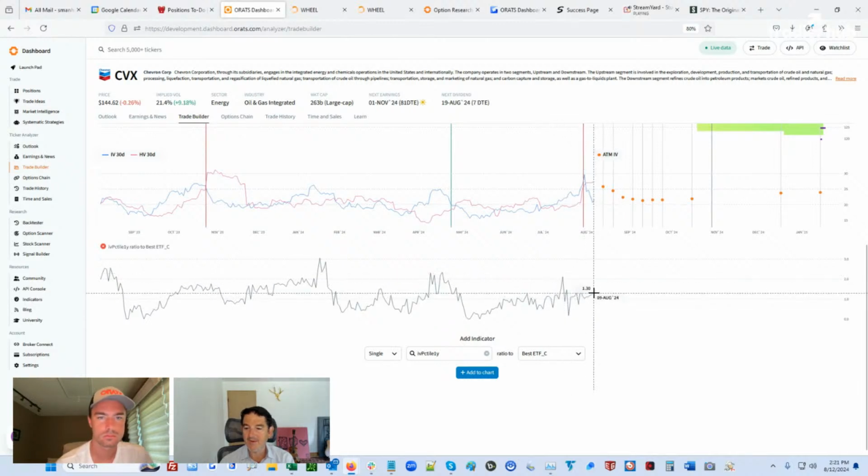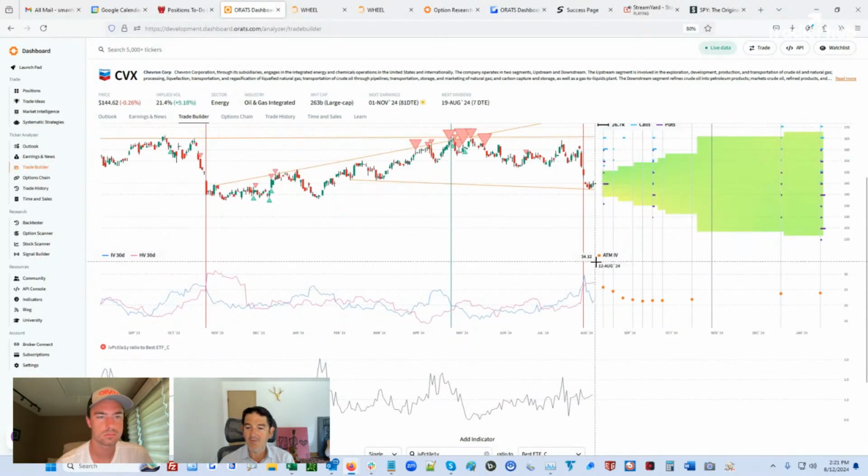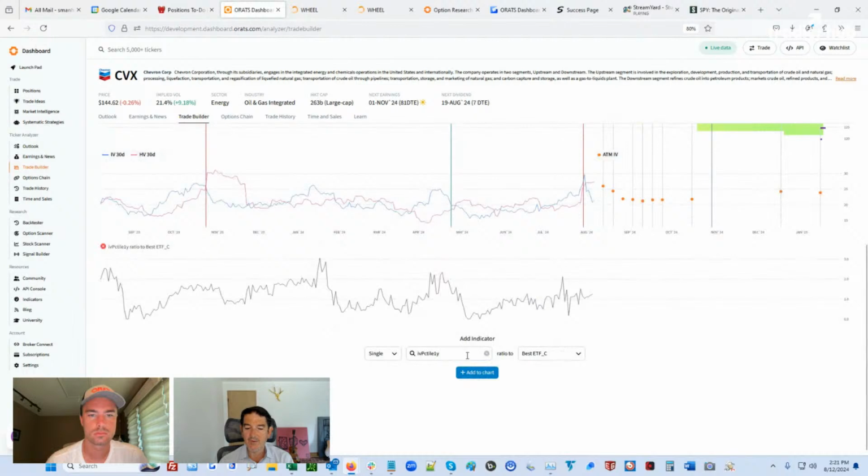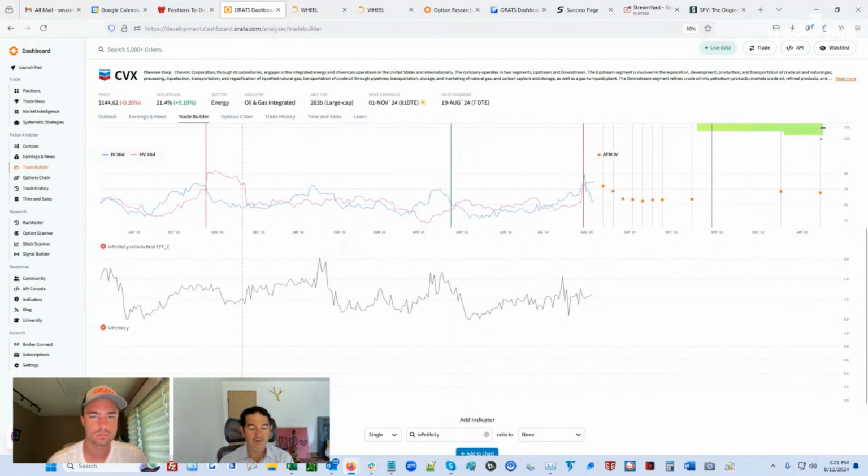It was higher, but still I guess that's a high rating for this one right now. So what that's saying is Chevron is still quite a bit above its percentile. Let's look at the percentile without that. Yeah, look at how high the percentile is still with Chevron.